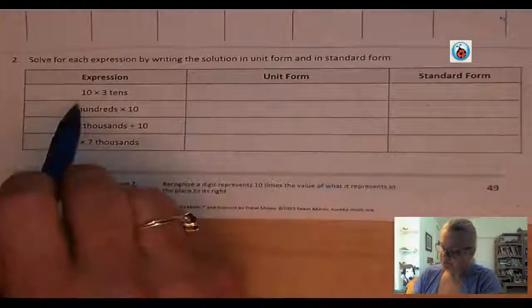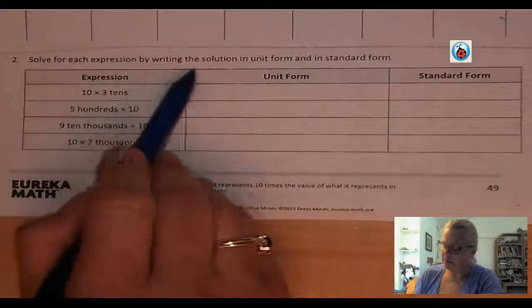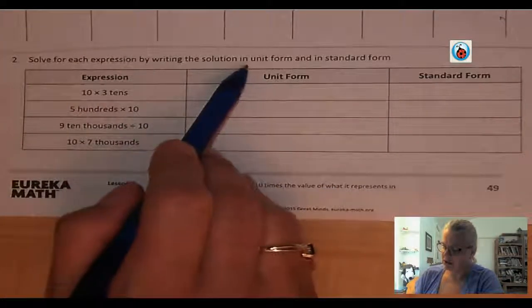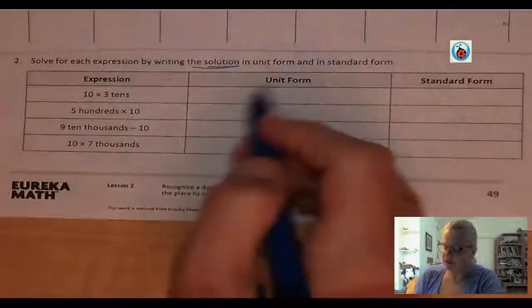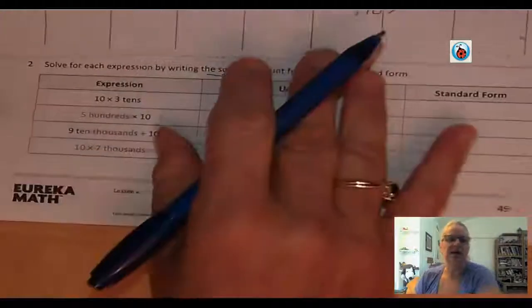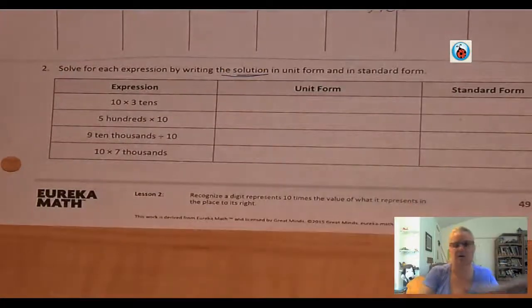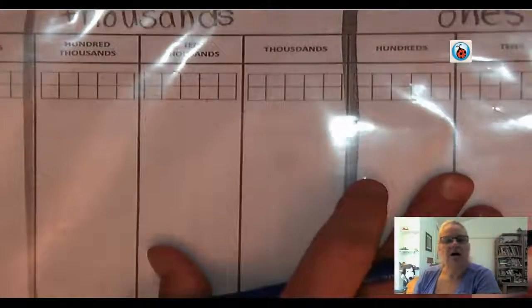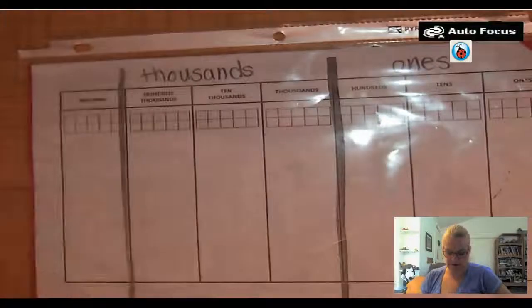So now, solve each expression by writing the solution. So we're solving for it. So 10 times 3 tens. Now, I'm going to fold my paper so we can see everything all at once.